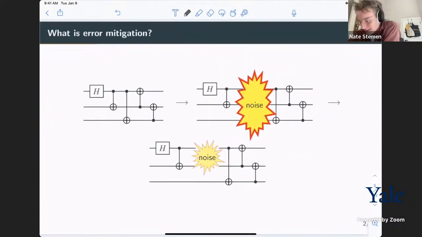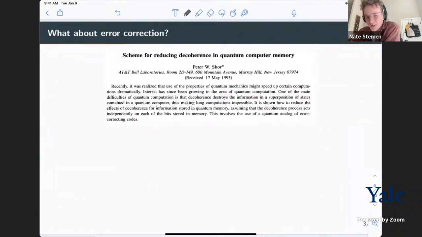And so you may ask me, okay, but we've had this idea of error correction for, at this point, nearly 20 years. Why are we caring about error mitigation? Once we're able to scale qubit architectures to thousands of qubits, aren't we going to be able to get rid of everything?